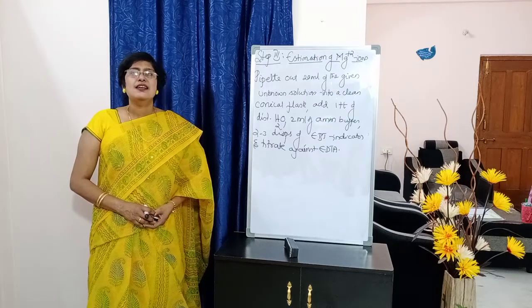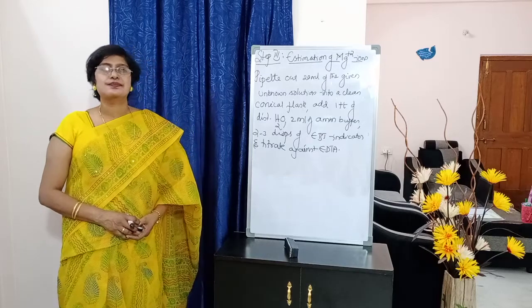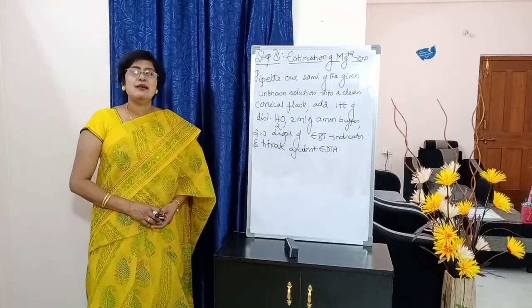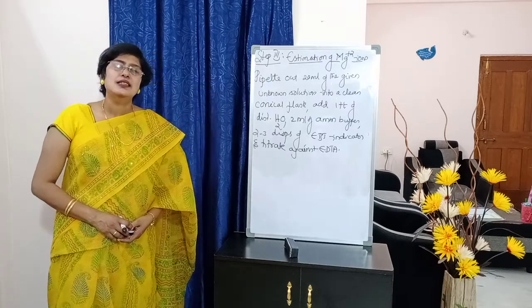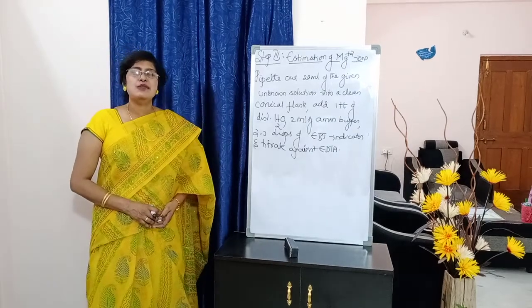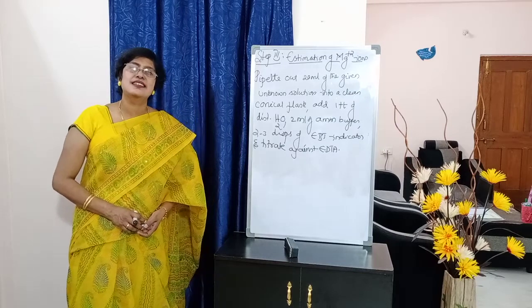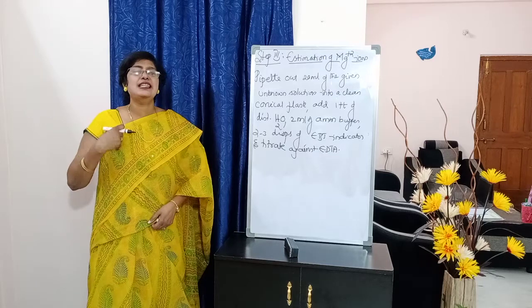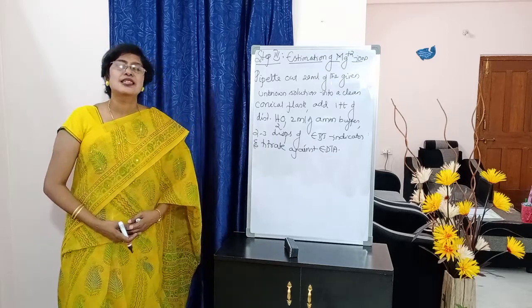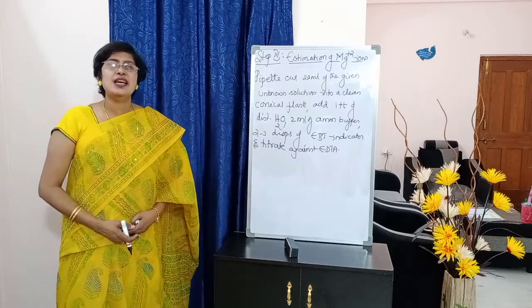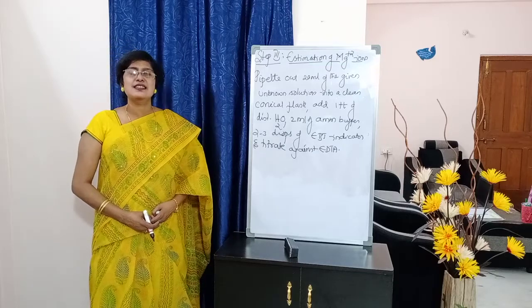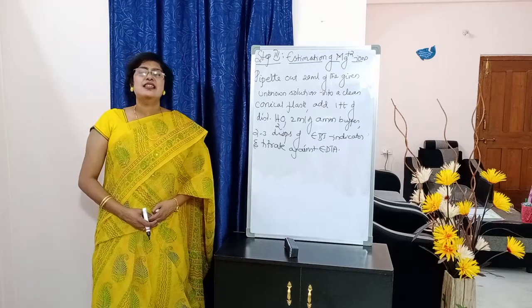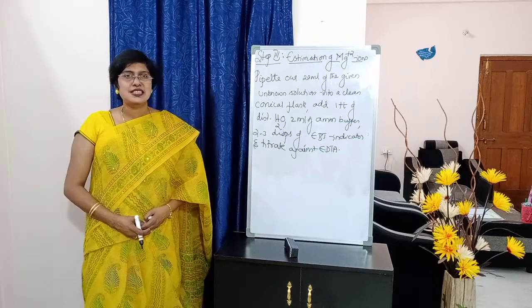Okay, below that write down the result. Put the side heading, students: result. The amount of Mg+2 ions present in the given solution is dash grams per liter.